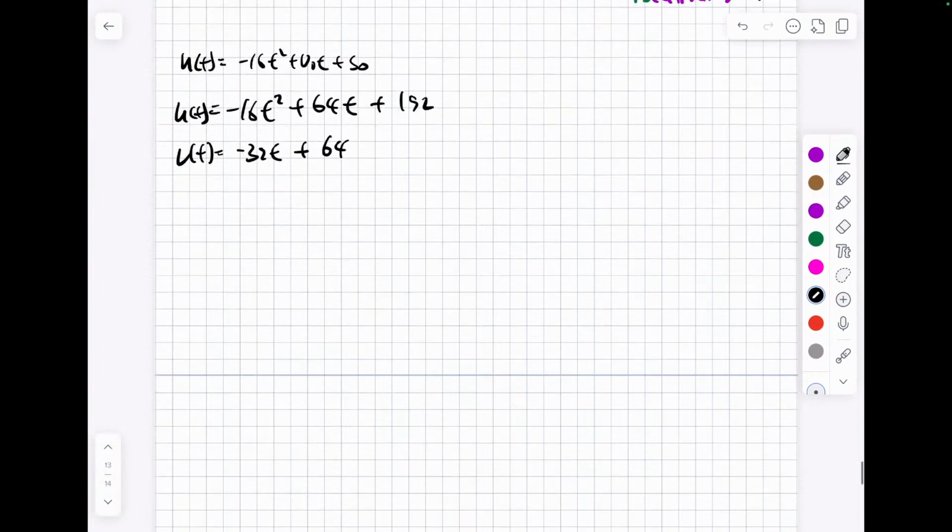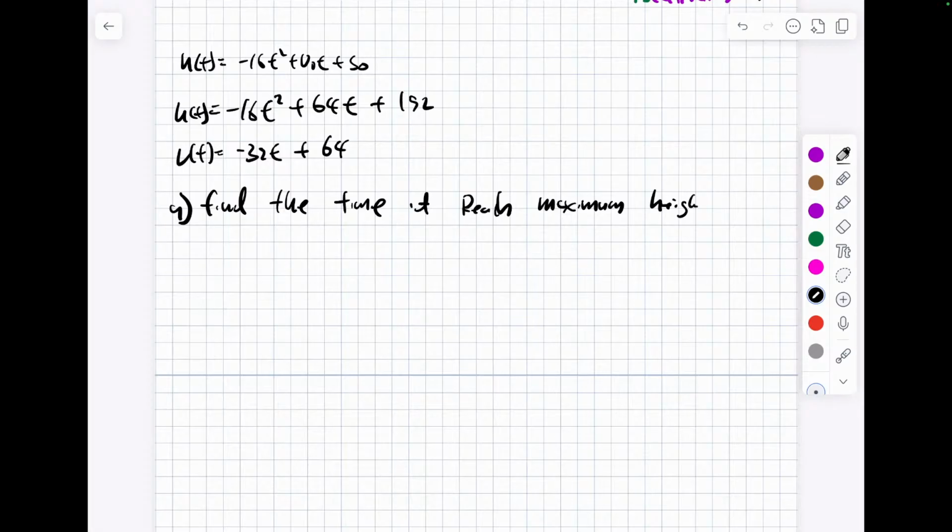Okay, so I can ask you a lot of questions after this. So part A, I can ask you, hey, can you find the time it reached maximum height? B, can you find the maximum height of an object?